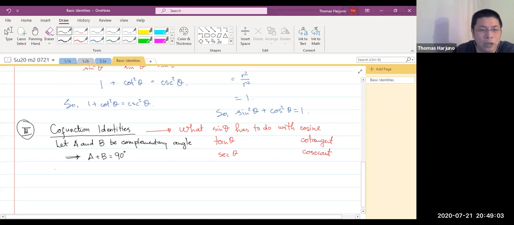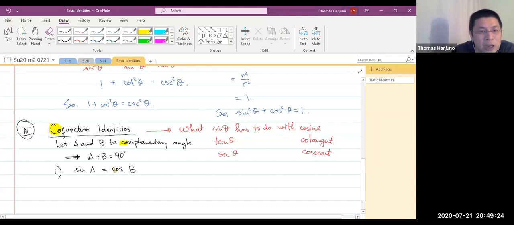Then the first one: sine A equals cosine B. If two angles are complementary, then they are related by the co-function of trig functions.